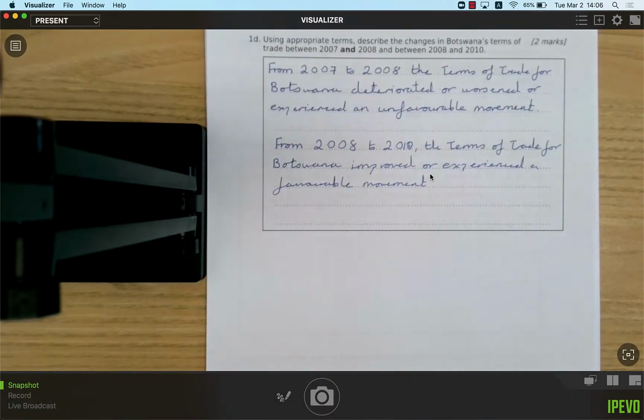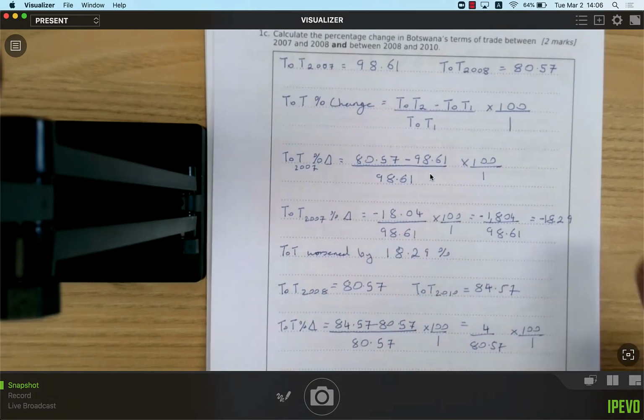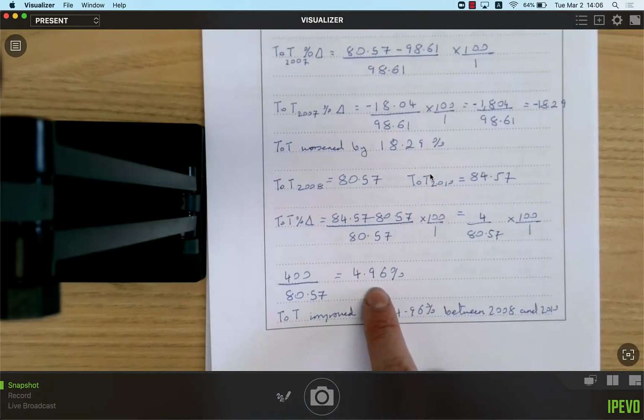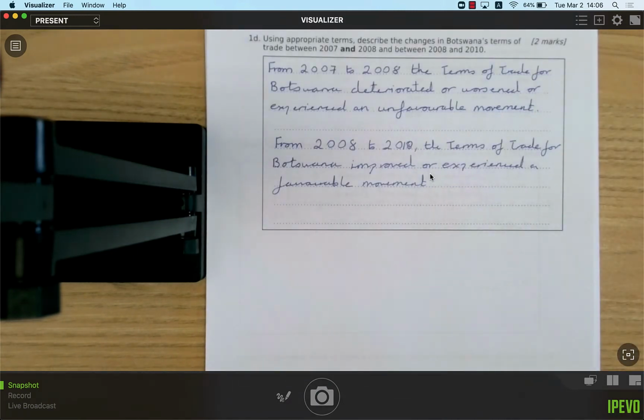Using appropriate terms, describe the changes in Botswana's terms of trade between 2007 and 2008, and then 2008 and 2010. Well, the first change is a big minus figure, and the second change is a plus figure. So from 2007 to 2008, the terms of trade for Botswana deteriorated, or worsened, or experienced an unfavorable change.